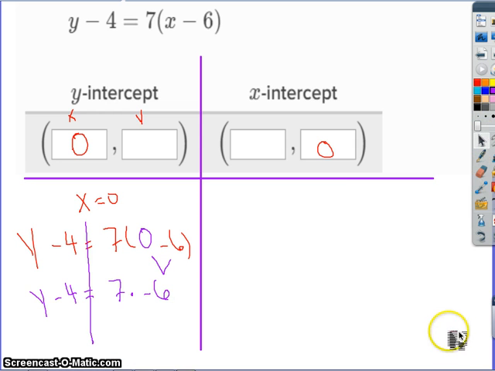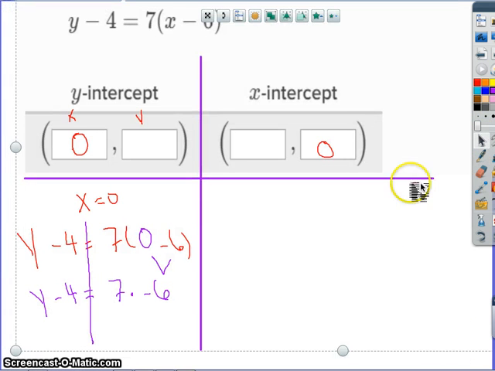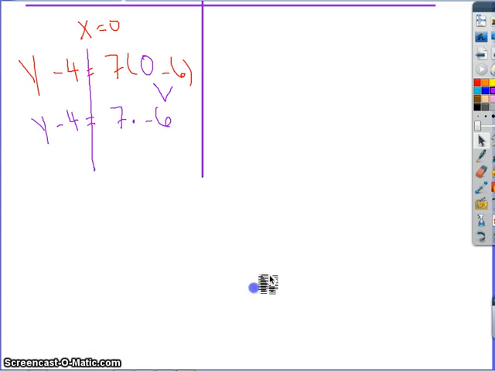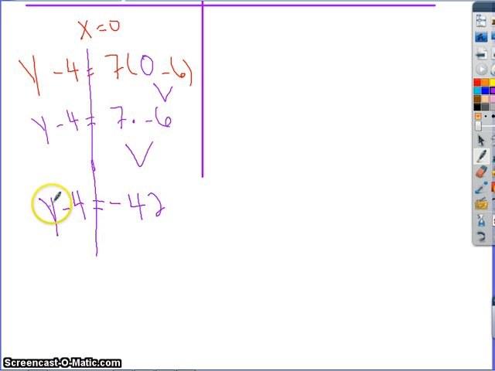And let me scroll this up like I said I would. Okay, and 7 times negative 6, again by order of operations, is negative how many? Negative 42.